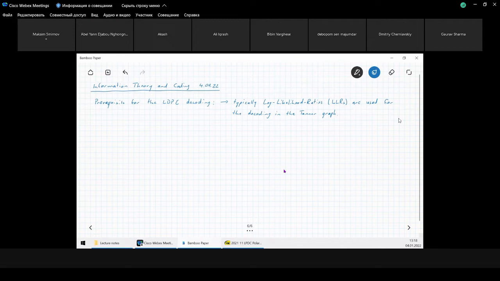So this means we need to think about what these log likelihood ratios mean, how we can calculate them, and of course later on how they will be used in the Tanner diagram.